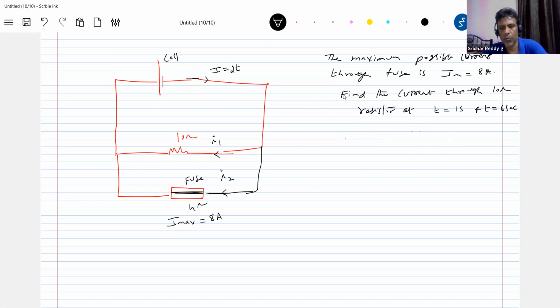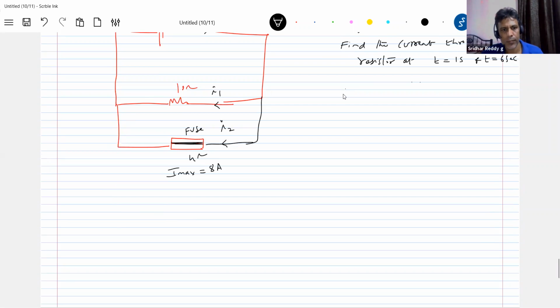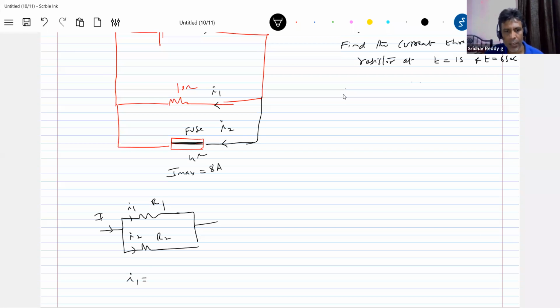If there are two resistors, R1 and R2, and you know the current in the main branch, what about the current in the sub branches? I1 equals the current in the main branch times the resistance of the other branch by the sum of resistances. Similarly, I2 is equal to I into R1 by R1 plus R2.